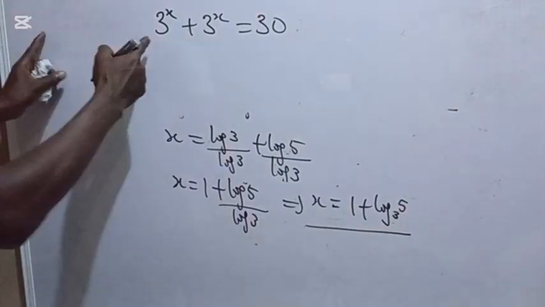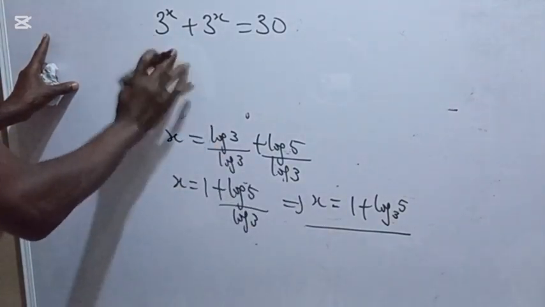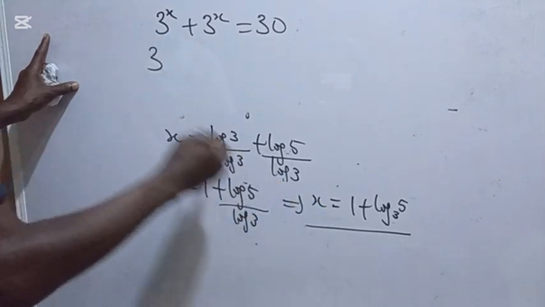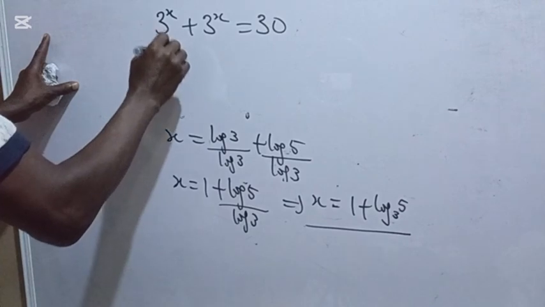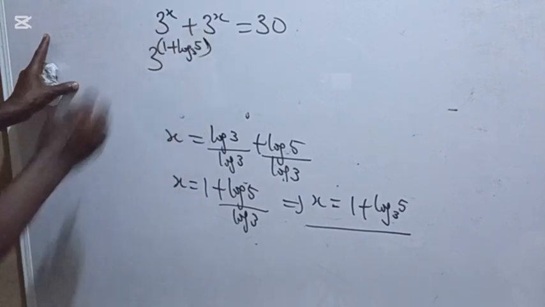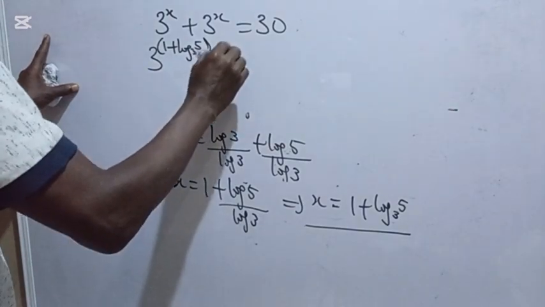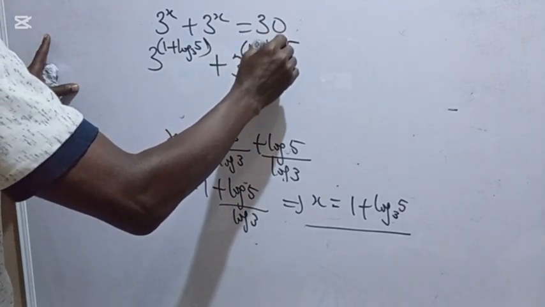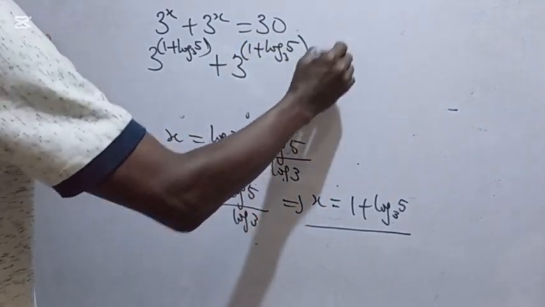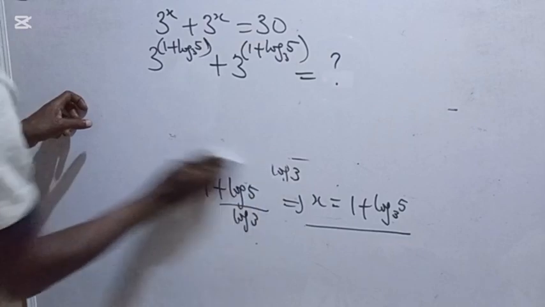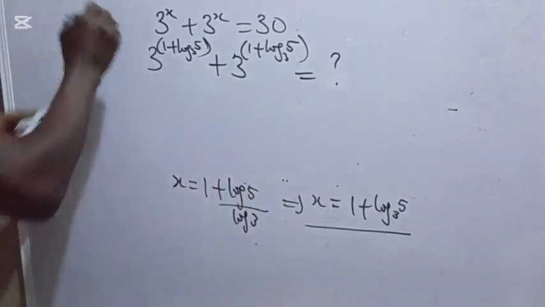Now, let's check whether what we have gotten is going to give us 30. Our x is 1 plus log 5 base 3, that is 3 raised to the power 1 plus log 5 base 3, plus 3 raised to the power 1 plus log 5 base 3. Let's check whether it's going to be 30.